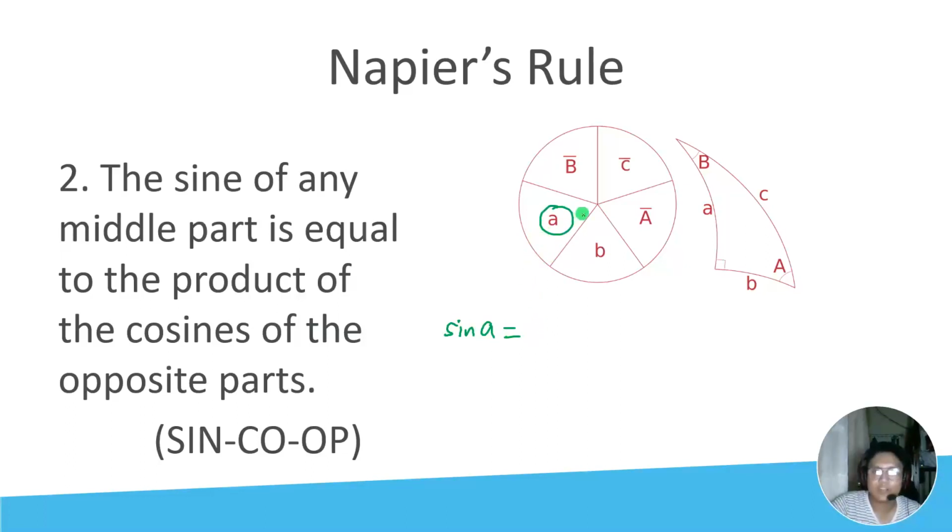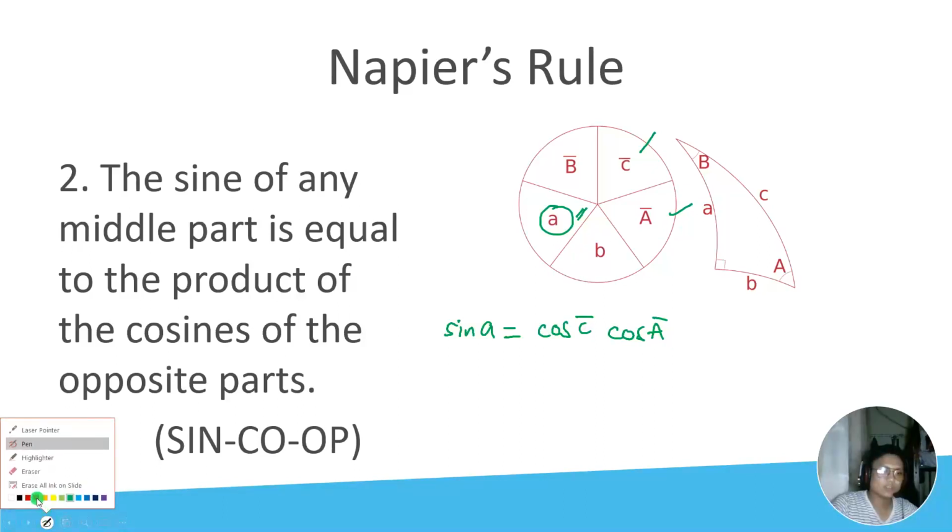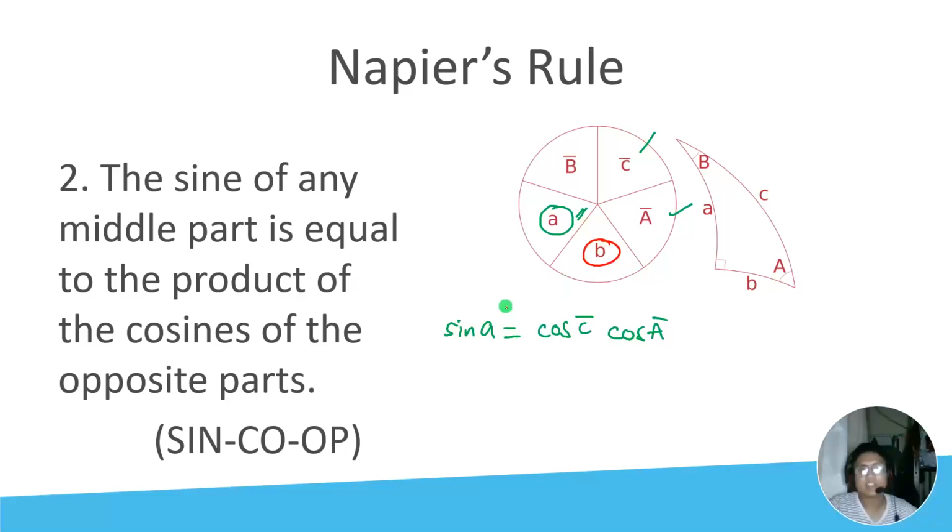So what are the parts opposite to this side? This one and this one. They are opposite. They are not adjacent to this side A. Therefore, I will put cosine to bar C and multiply that to cosine of bar A. Okay?